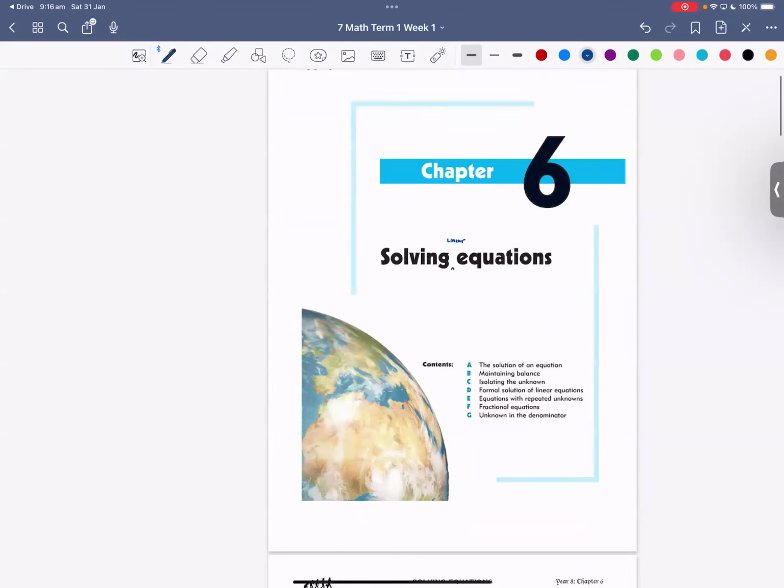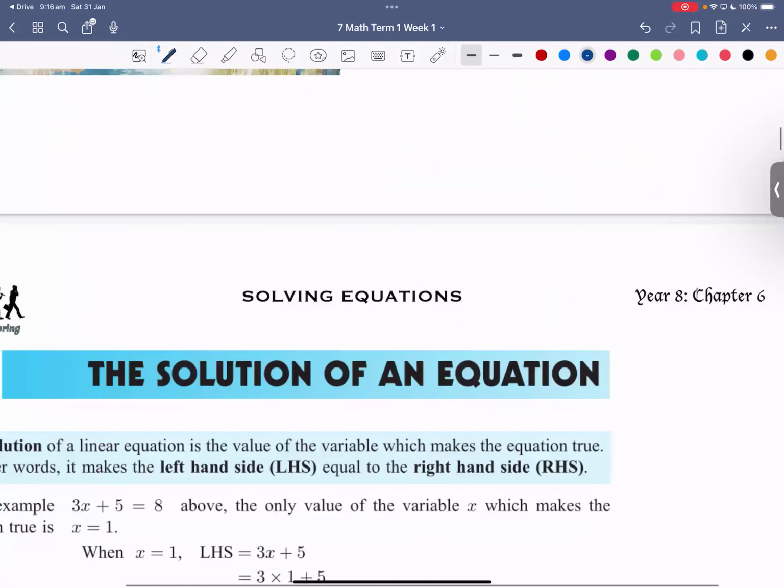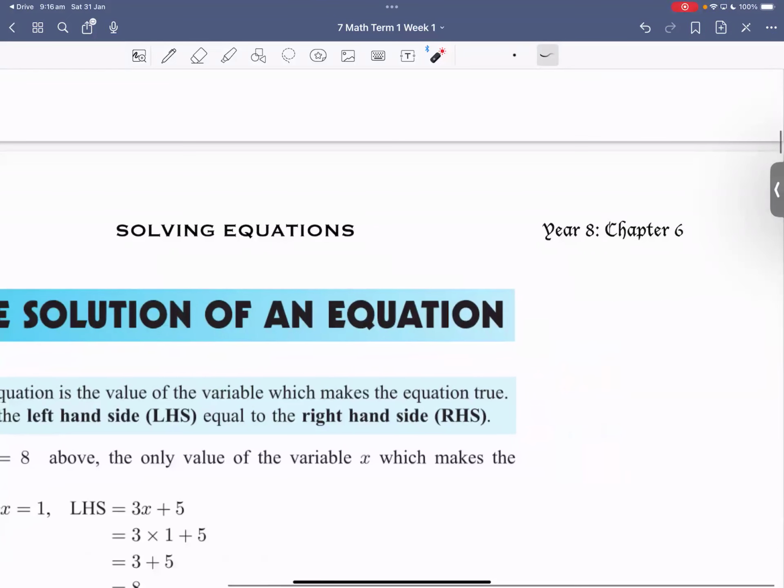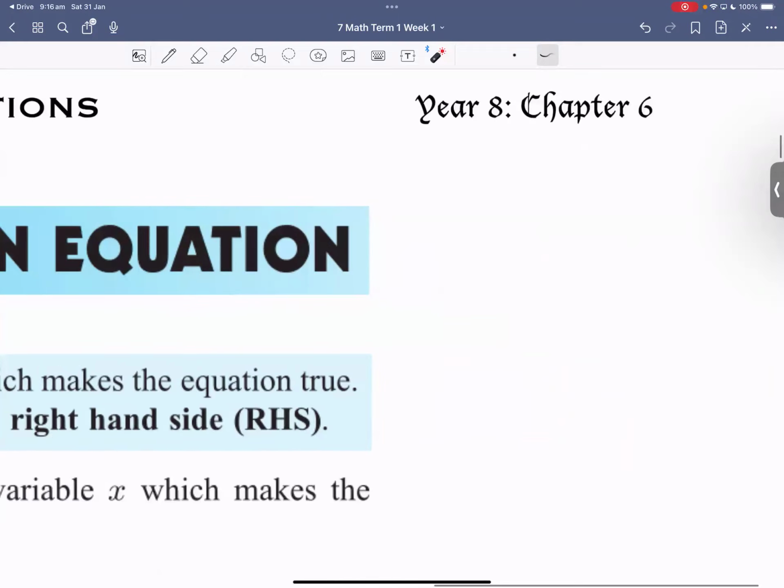Maybe you can write notes on your booklet actually. So it says here the solution of an equation. I want everyone to know that if you have an equation, there can be either one solution, meaning one answer.